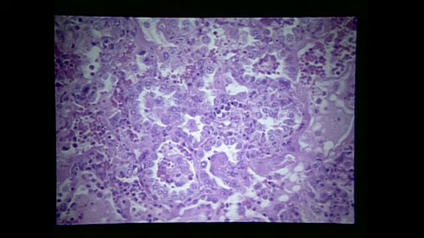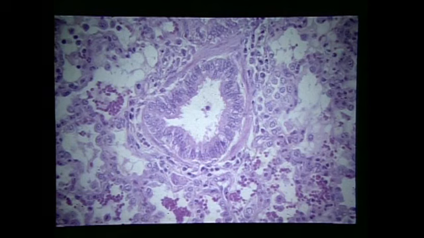This is an adenomatoid hyperplasia of type 2 pneumocytes, forming almost a fetal lung. Again, this is also defined as fetalization. And it clearly becomes evident that there is a shortage of airspace. And again, to emphasize, the airways are not involved in this process. This is strictly an alveolar disease.